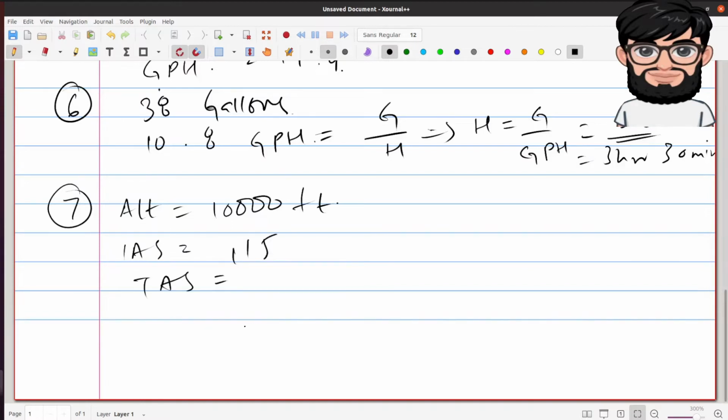The rule of thumb, without getting into very nerdy formulas here, is that with every 1000 feet increase in the altitude, there's going to be an increment of 2 knots in the true airspeed.